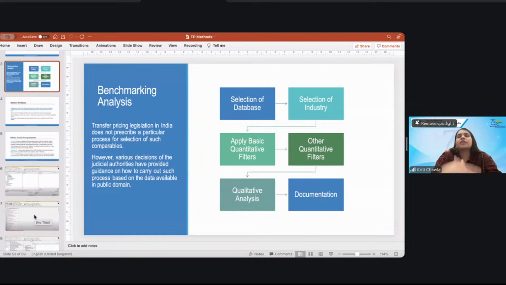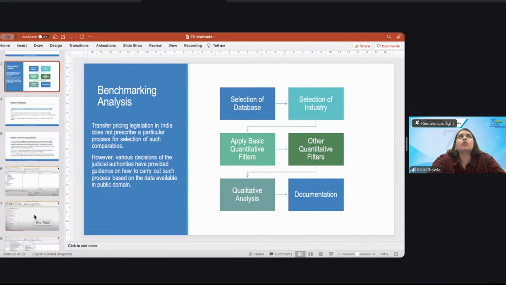Remember, we were discussing comparability factors, and I was telling you how the industry is also important. So you cannot compare a transaction in the pharmaceutical industry with a transaction in the manufacturing of the automobile industry. This is the reason you have to select the industry where your client actually belongs.